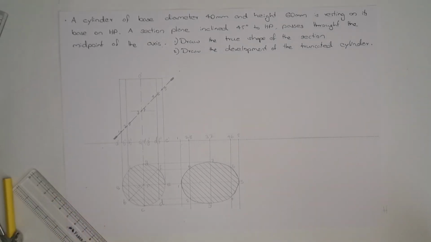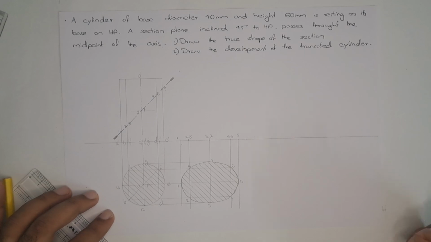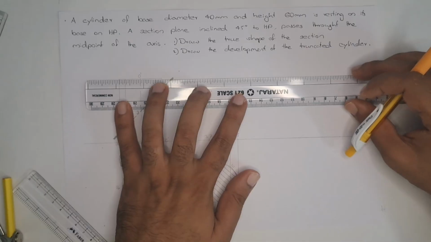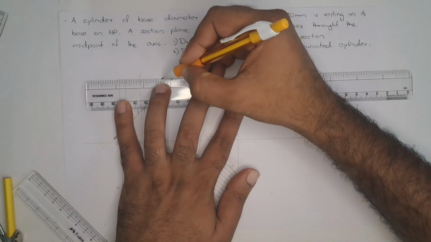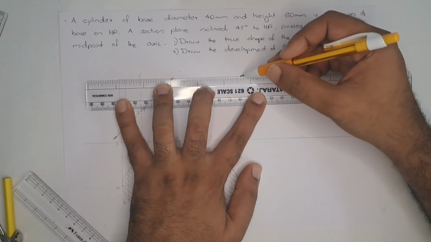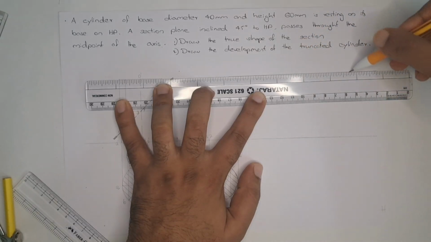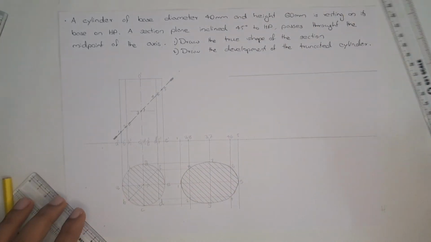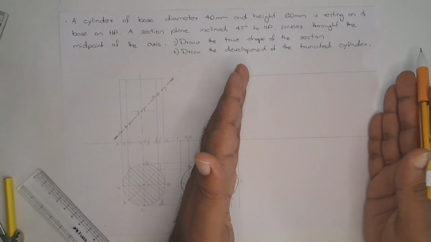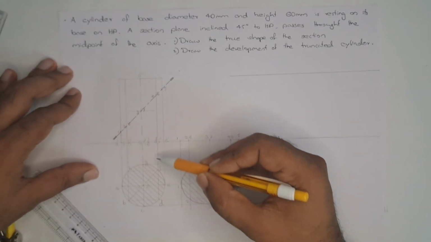Now we need to draw the development of the truncated cylinder. For that, we can use the lines. Now the length will be the perimeter of the circle.